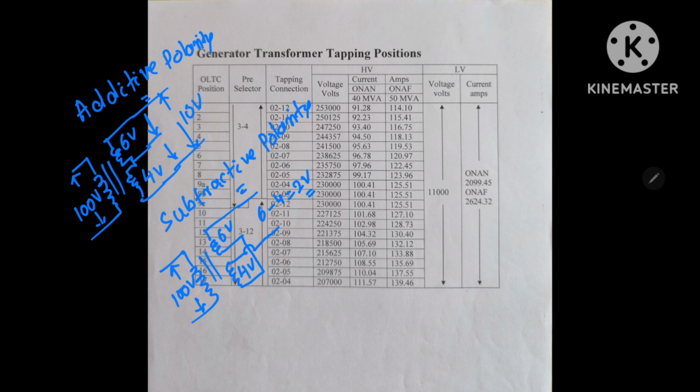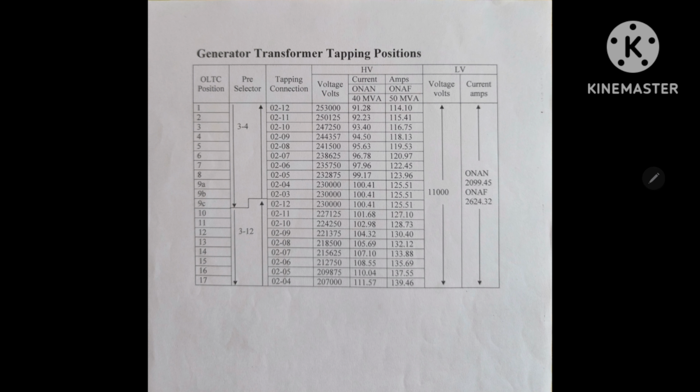When we are doing a connection in such a way that the flux produced by the tapping winding will oppose the main winding flux, the resultant will be that 2 volt. So this is the principle utilized in case of OLTC.